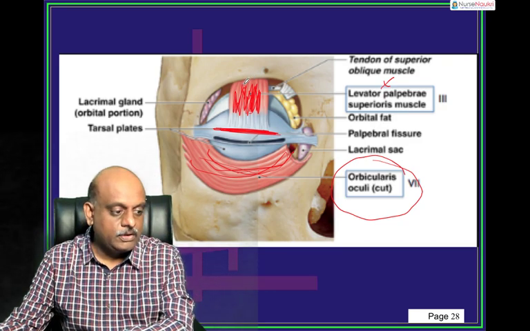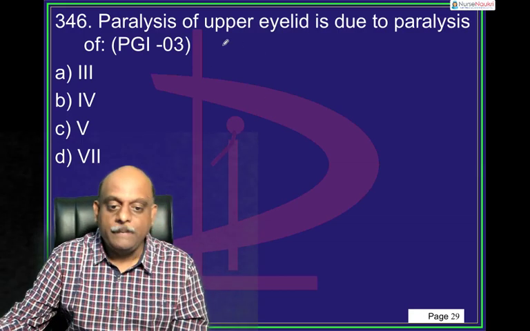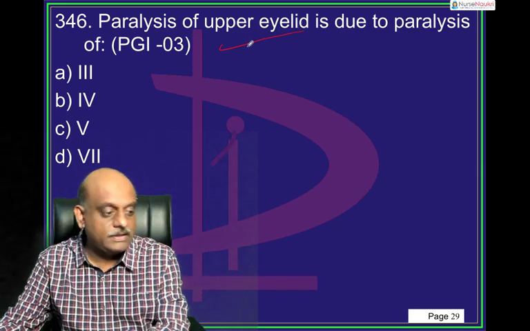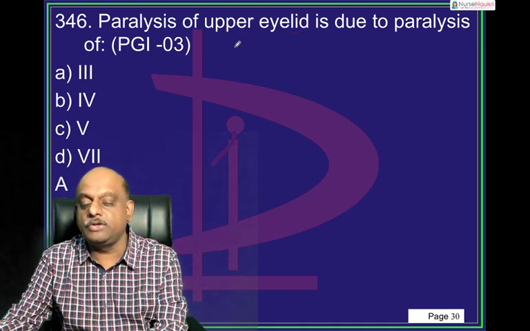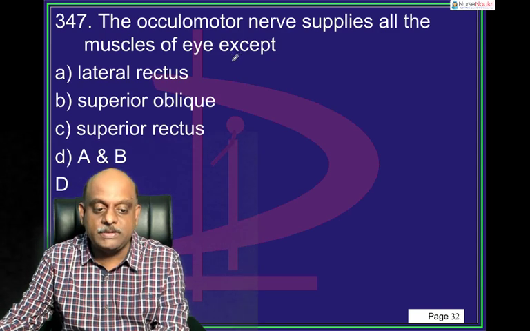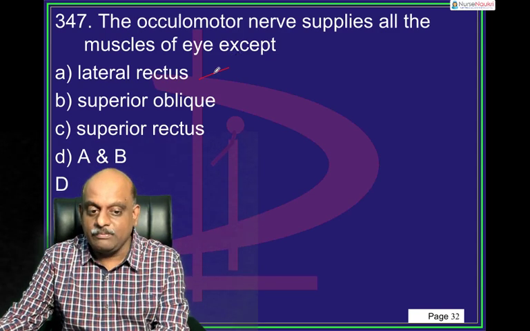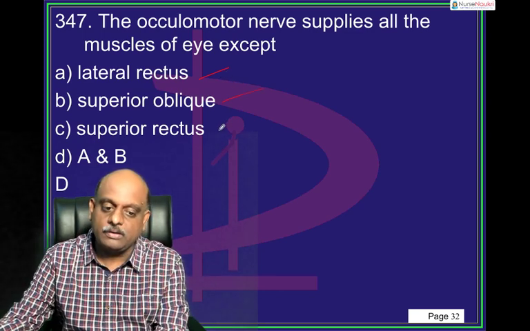Okay, so that is the story, doctor. Now, paralysis of the upper eyelid is due to the third cranial nerve. Oculomotor nerve supplies which muscles, doctor? Lateral rectus is by abducens. Superior oblique by trochlear.